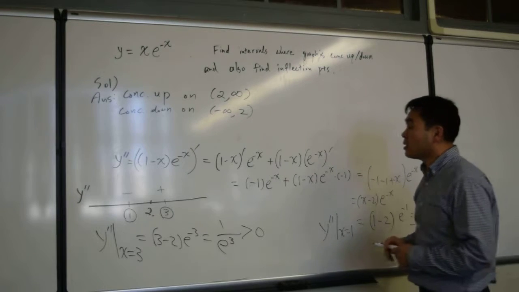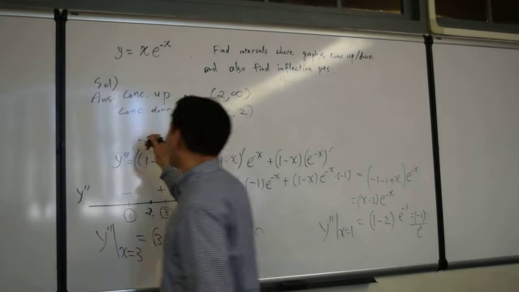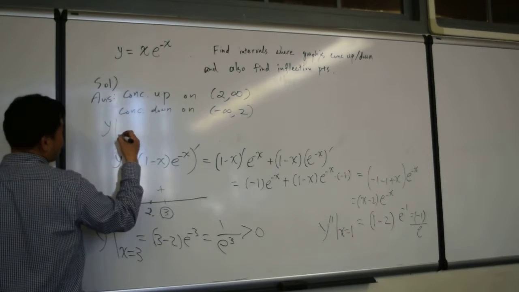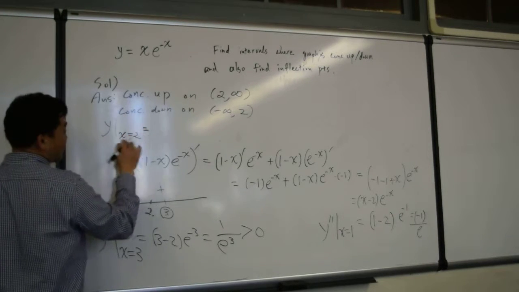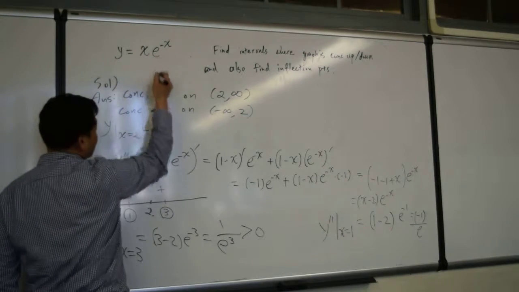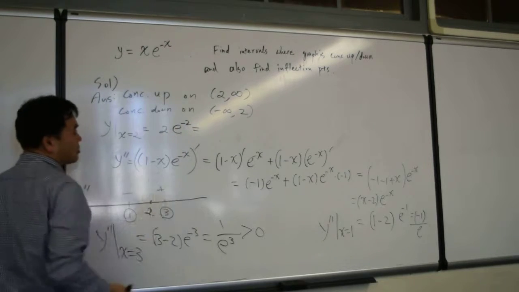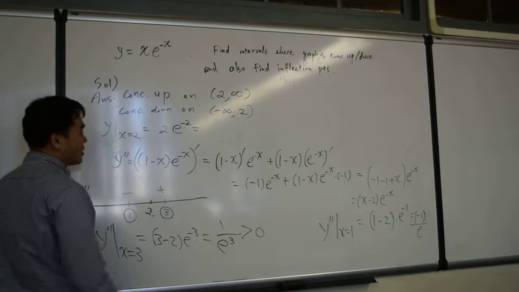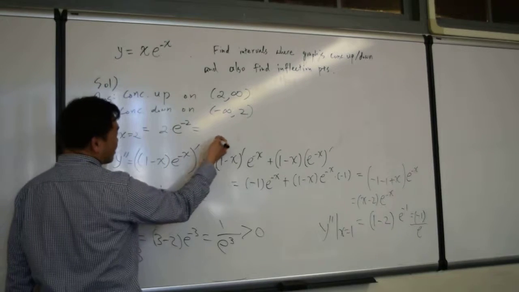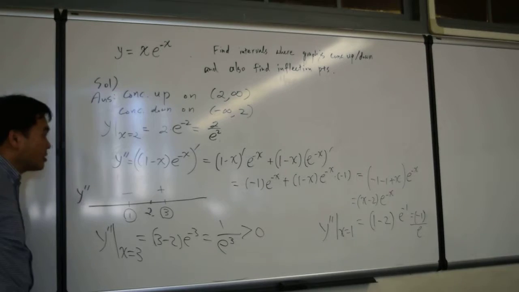Okay? All right. So now let's figure out the value of y when x is equal to 2, because we know that that's when you have an inflection point. When you plug in 2, it's 2 times e to the negative 2. You can just leave it like this, but I like to put the negative exponent in the denominator.